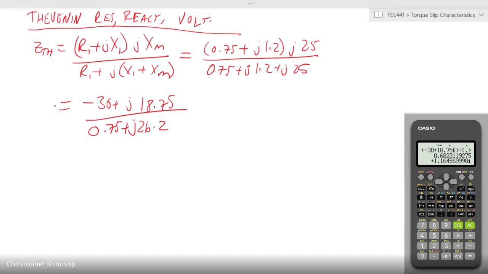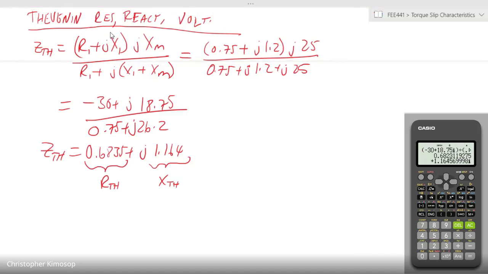It will give us that the Thevenin impedance is roughly 0.6835 plus j1.164. This is the Thevenin resistance and this is the Thevenin reactance.